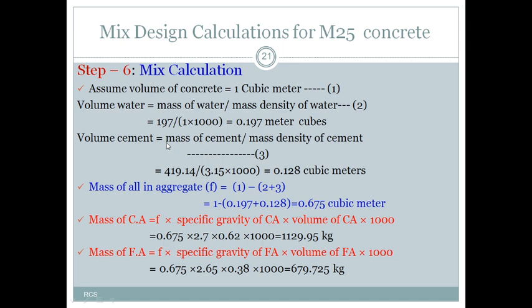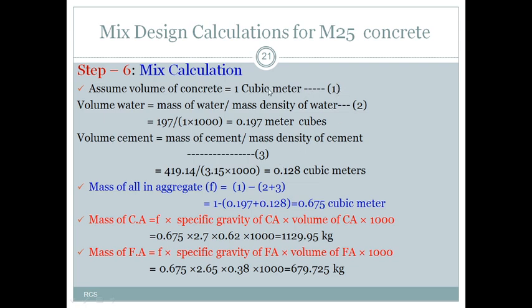Again, volume of cement can be calculated using the formula mass of cement by mass density of cement. We know the mass of cement is 419.14 divided by 3.15, the specific gravity of cement, multiplied by 1000. We will get the volume of cement, that is equal to 0.138 meter cube. Right.